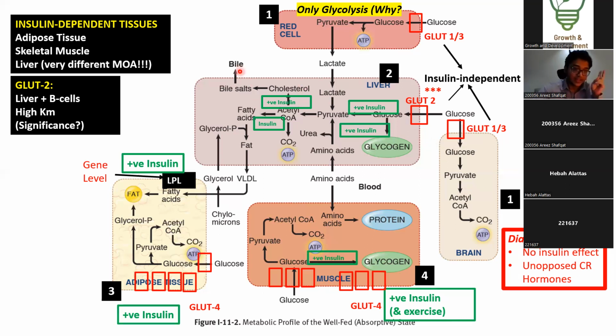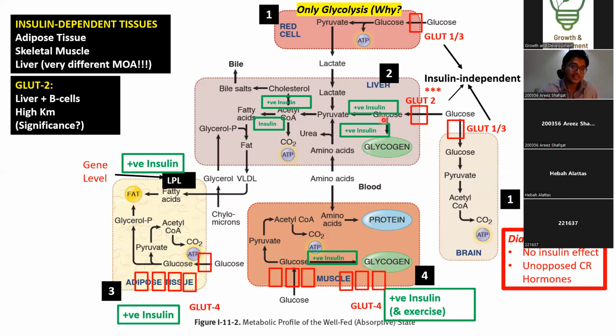Last point I would like to make is about glucokinase. You remember the graph I showed you about GLUT2 and GLUT1 and 3? That GLUT2 increases uptake when there's high blood glucose and decreases uptake when there's low blood glucose. The same situation is with glucokinase.